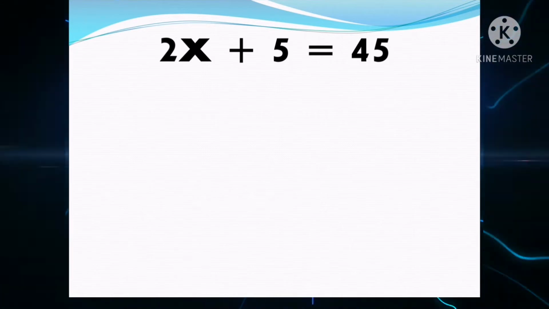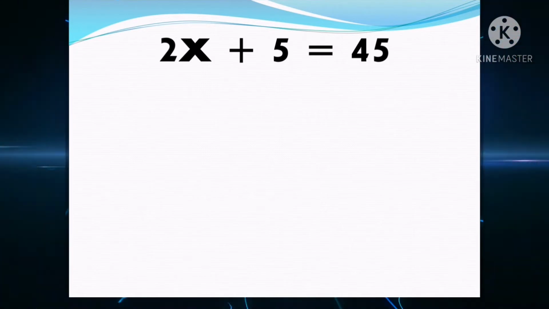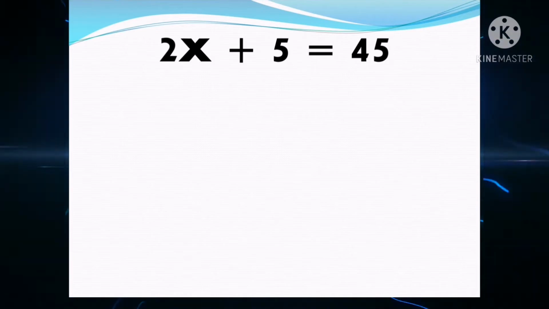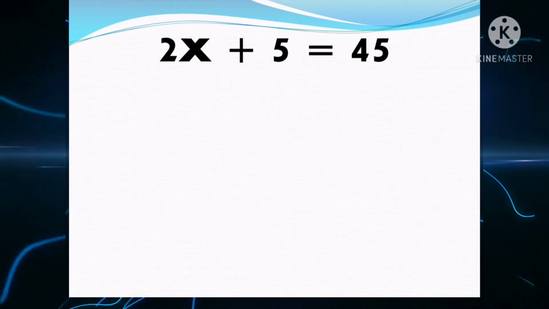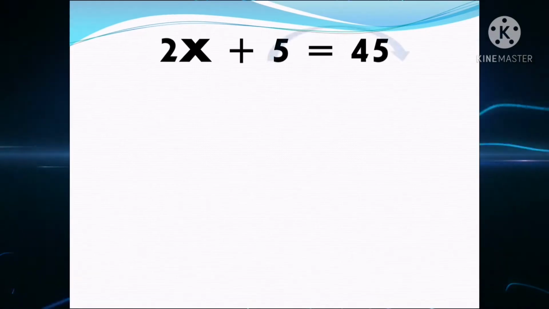Since 5 and 45 are in different places, we need to transfer one of them next to its similar term. So, we need to transpose 5 to the right side of the equal sign.